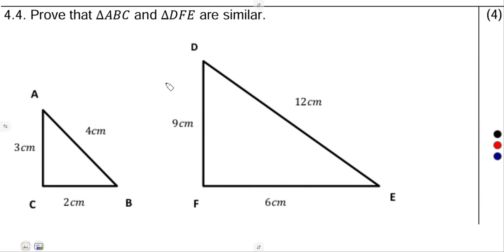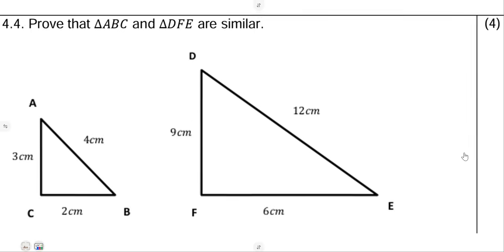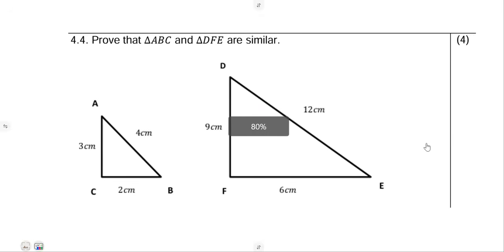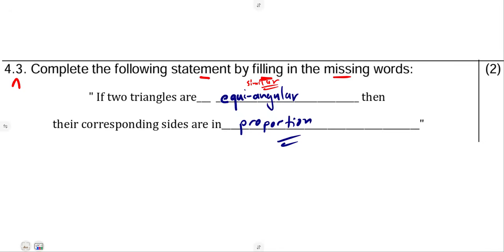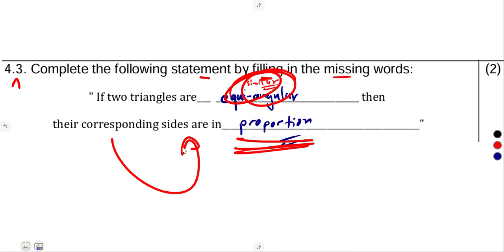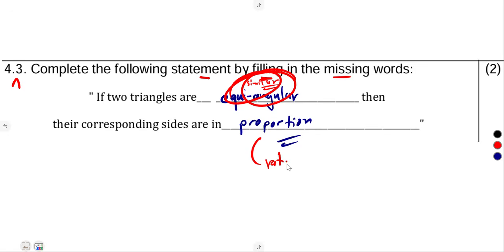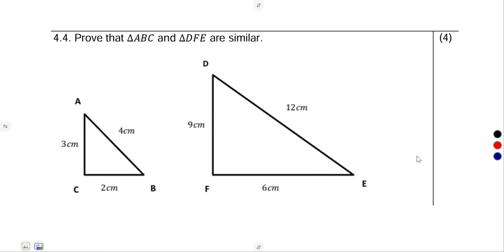Then prove that triangle ABC and this triangle DFC are similar. You have already told us that for them to be similar, they must have their sides in proportion. Ratio of sides being the same throughout, so that can be used as a proof.